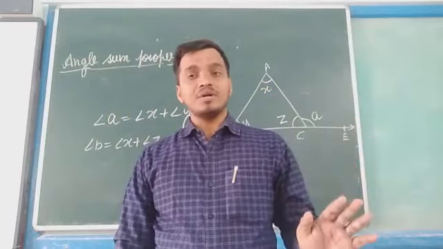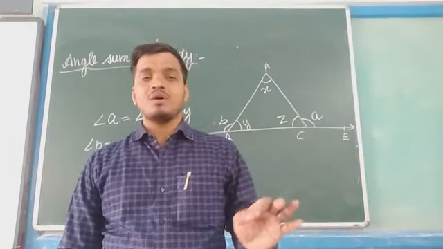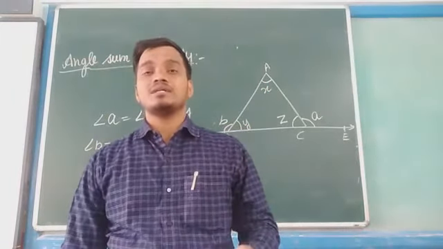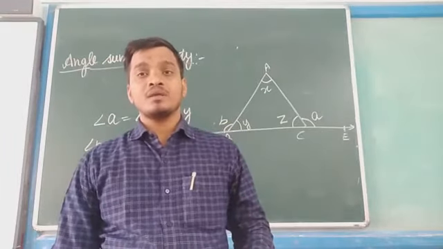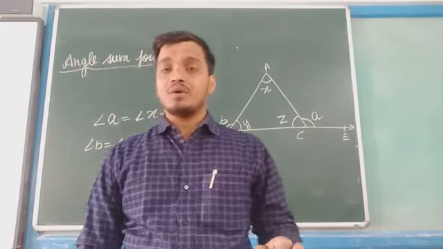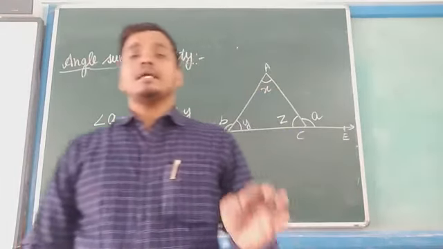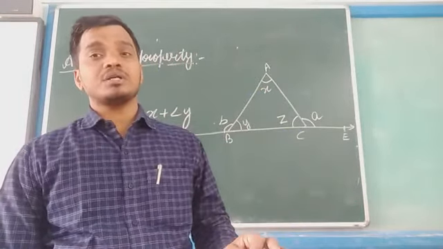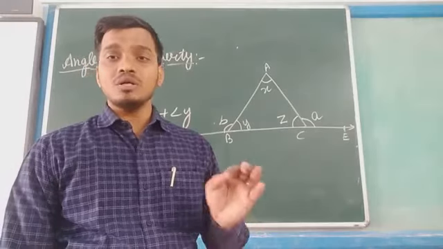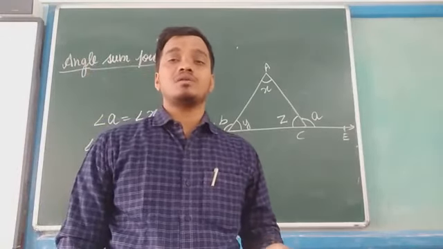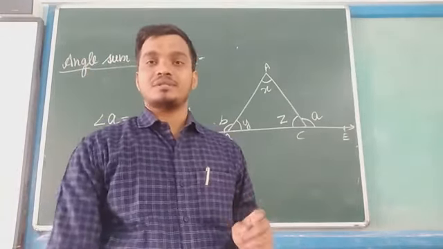And one very important property I told you is that the sum of all the angles in a triangle is 180 degrees. Then I told you the very important property of the isosceles triangle and equilateral triangle, that the angles opposite to the equal sides of the triangle are always equal to each other.